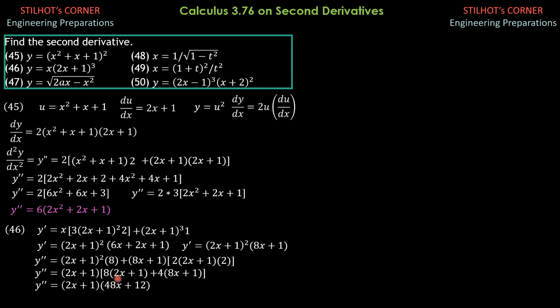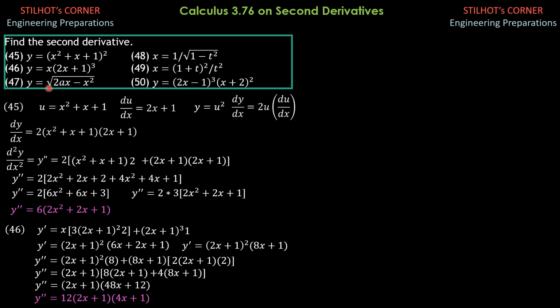So 8 times 2 is 16, plus 4 times 8 is 32, 32x and 16x is 48x. 8 times 1 is 8, plus 4 times 1 is 12. So that's why we have plus 12. So finally, the second derivative, because 12 is common, is 12 times quantity 2x plus 1 times quantity 4x plus 1. So that's it for problem 46.